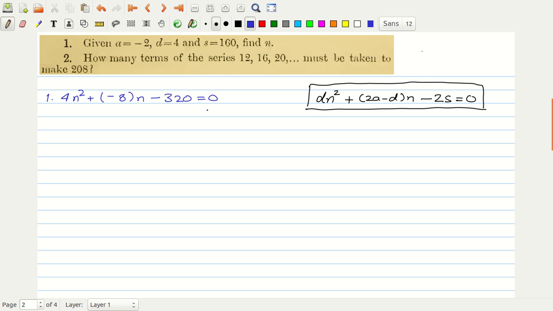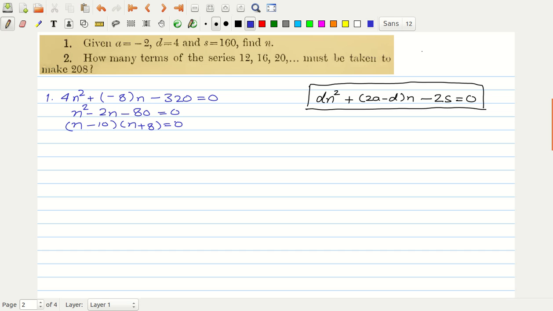We can divide this equation by 4. So, this becomes n square minus 2n minus 80 is equal to 0. If you factorize this, it is (n minus 10) and (n plus 8).